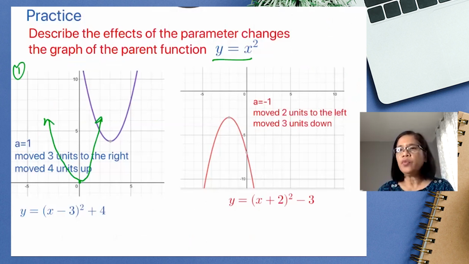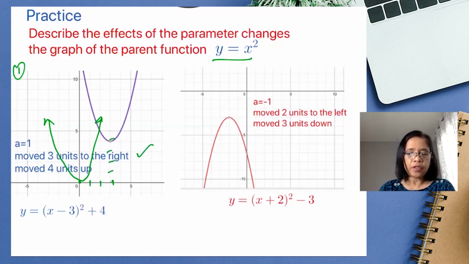How many points did we move to the right? 1, 2, 3. So this is a horizontal shift, move to the right. And from here, we moved 1, 2, 3, 4. So it's 4 units up. 3 units to the right, 4 units up.